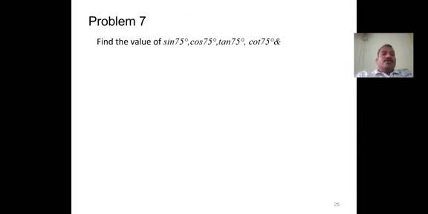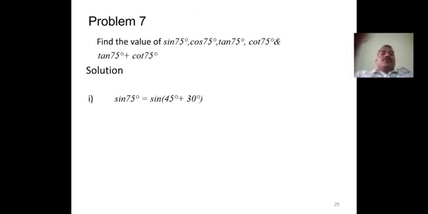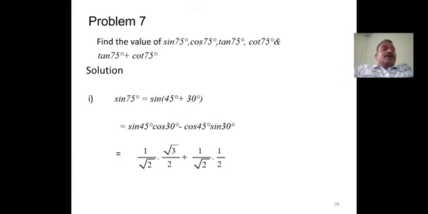Similarly, we can find the values of sin 75, cos 75, tan 75, cot 75 and tan 75 plus cot 75 also. Here sin 75, sin of 45 plus 30. So sine of A plus B formula, sine A cos B plus cos A sine B. Sine 45 cos 30 plus cos 45 sine 30, that equals 1 by root 2 into root 3 by 2 plus 1 by root 2 into 1 by 2.